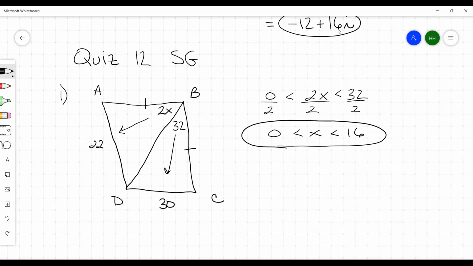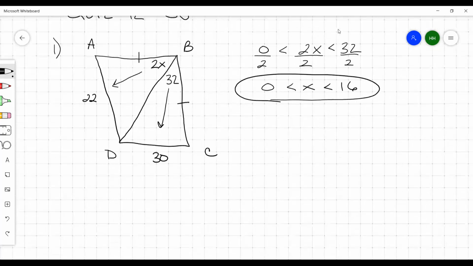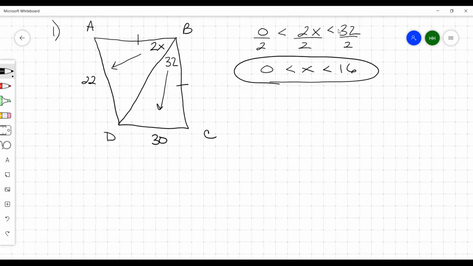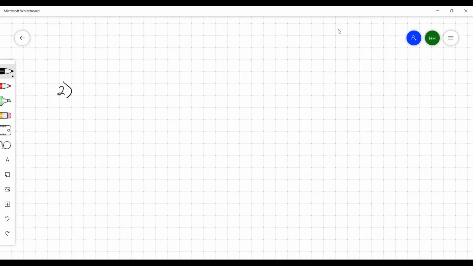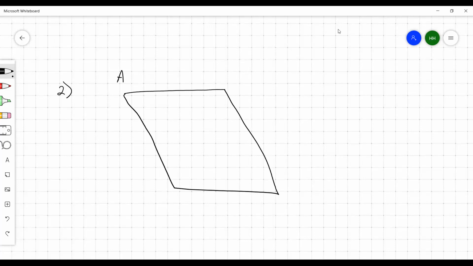Problem number 2 is very similar. We got the same picture. AB again is congruent to BC. This line down the middle divides the two triangles, so it's the same in both triangles.